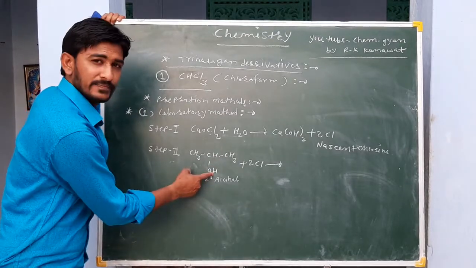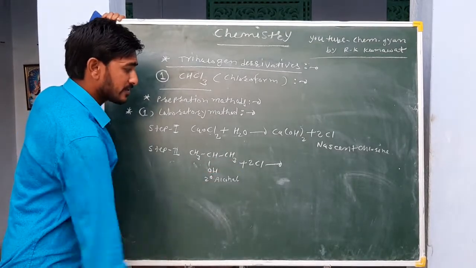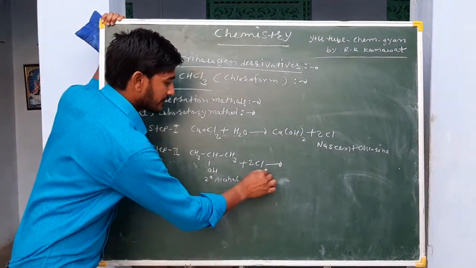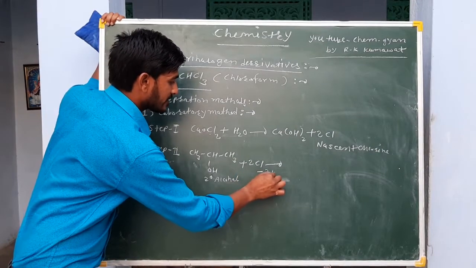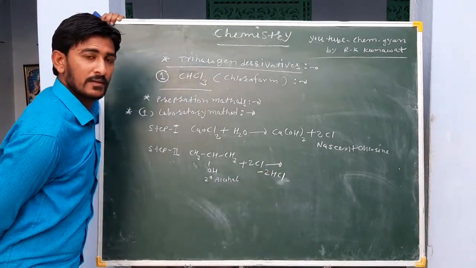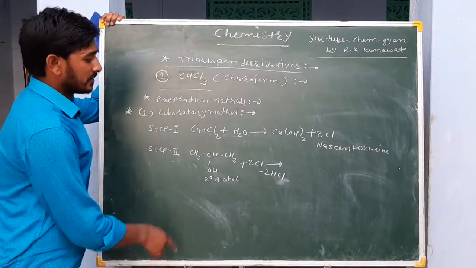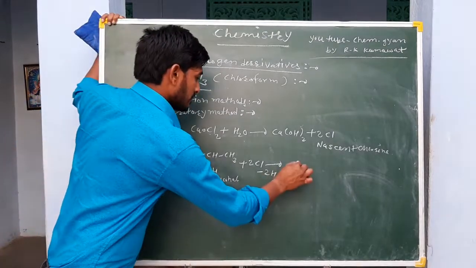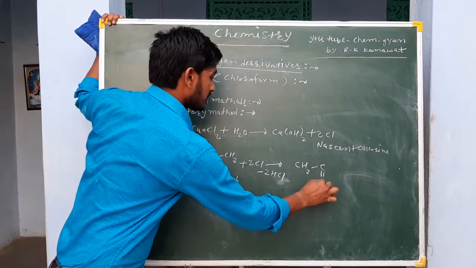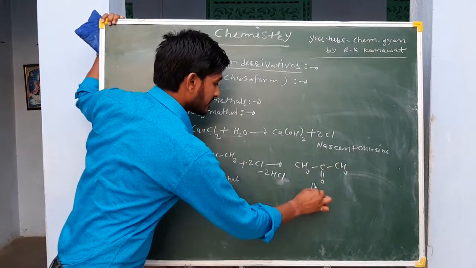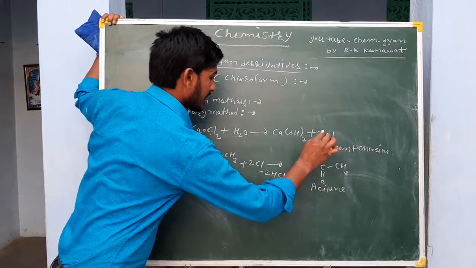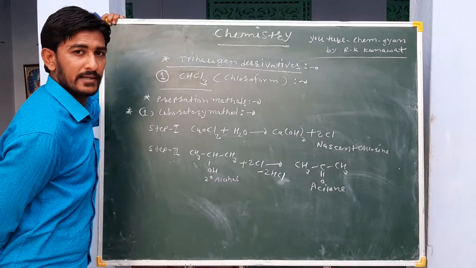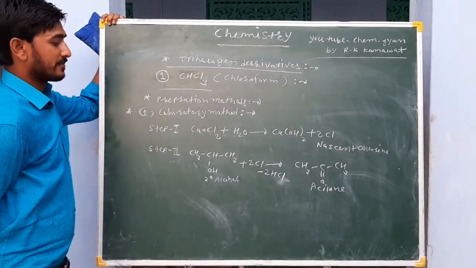Two hydrogen atoms are removed and two Cl atoms add, and hydrogen is removed in the form of HX, meaning HCl. An HCl molecule is removed and a double bond is formed between carbon and oxygen. CH3 C double bond O CH3, acetone, is formed as a product, and hydrogen chloride is removed in the second step.